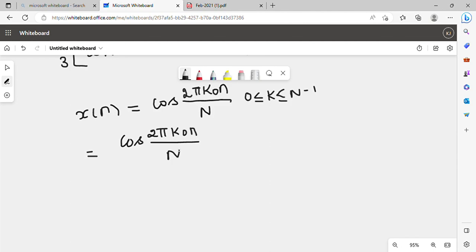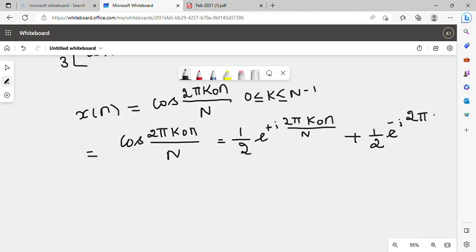Cos 2 pi k naught n by N is equal to 1 by 2 into e to the power of minus j 2 pi k naught n by N, plus 1 by 2, yes, it is plus j, and plus 1 by 2 into e to the power of minus j 2 pi k naught n by N.